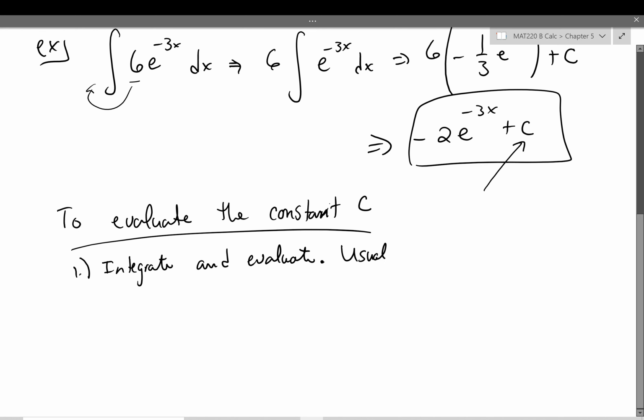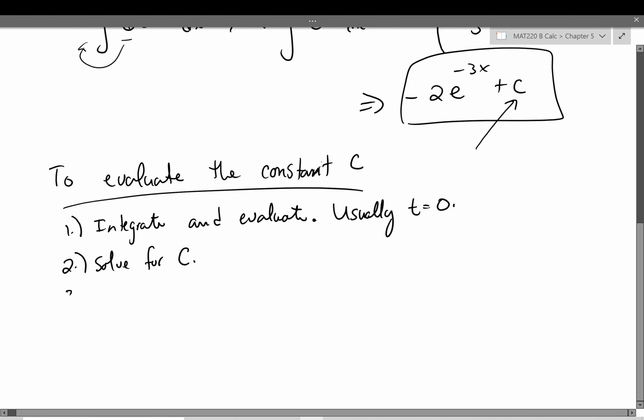Usually, if we're dealing with x or t or something like that, usually it will equal 0. That's not always the case, and if it's not, we will be very specific. Step 2, you want to solve for c, and then step 3, all you're going to do is just rewrite.